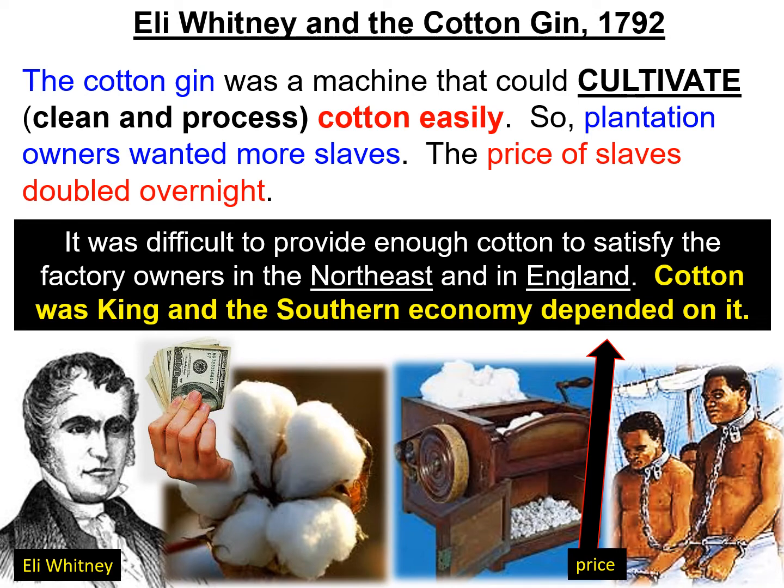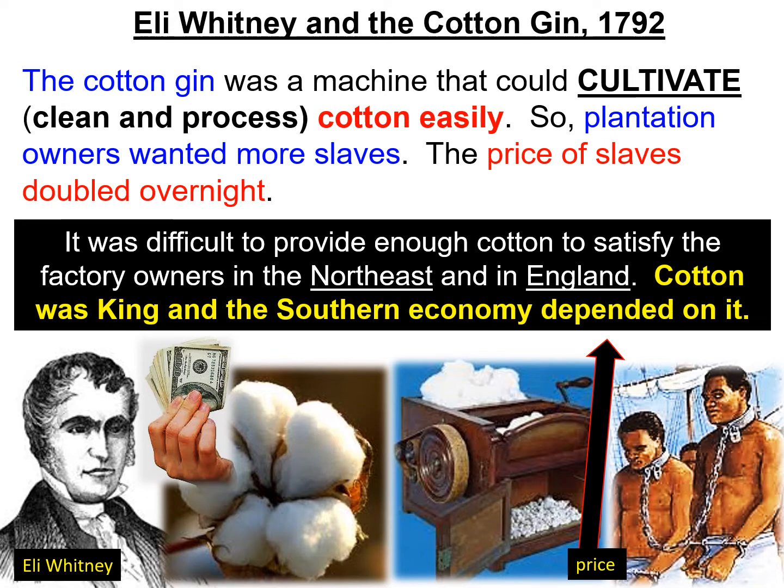Well, it would take an enslaved person so much time to clean that cotton by hand. I mean, just by hand, it just took so long that this man Eli Whitney, he invented this machine that actually cleaned the cotton a lot faster.